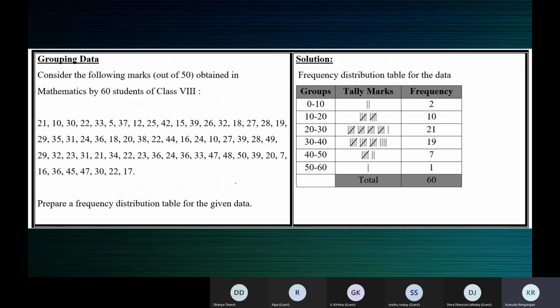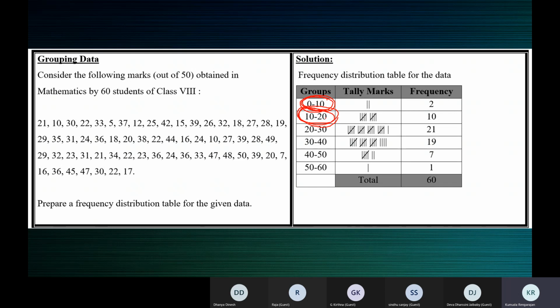So when you take this class interval, 0 is the lower limit or lower class limit, and 10 is the upper limit or upper class limit. In 10 to 20, 10 to 20 is a class interval, where 10 is the lower class limit and 20 is the upper class limit, or simply lower limit, upper limit.